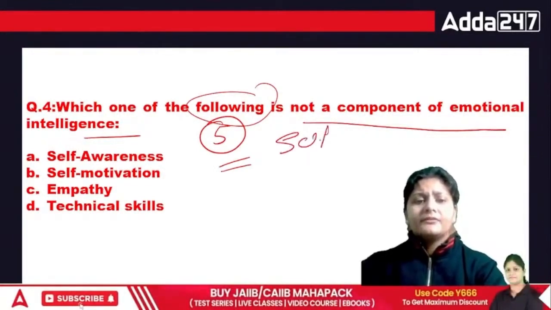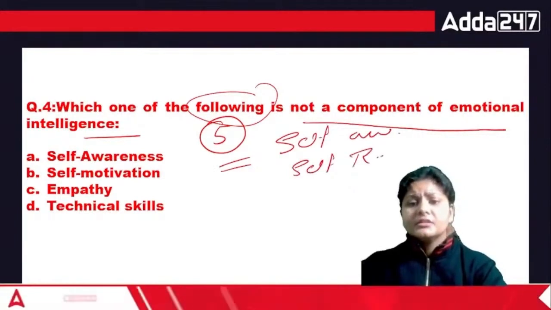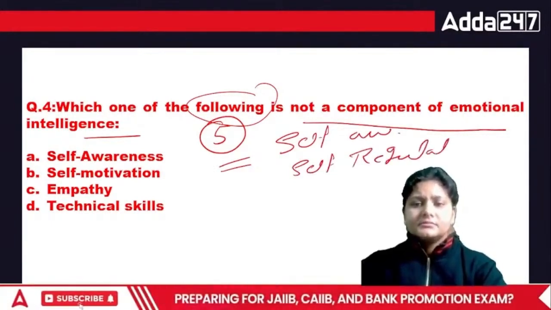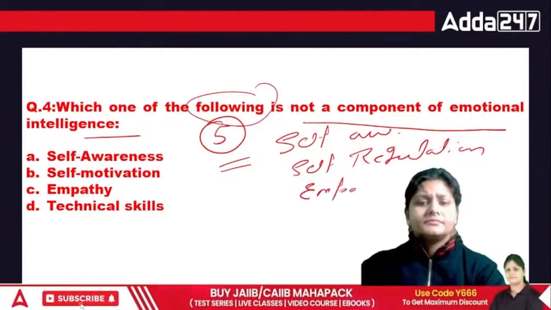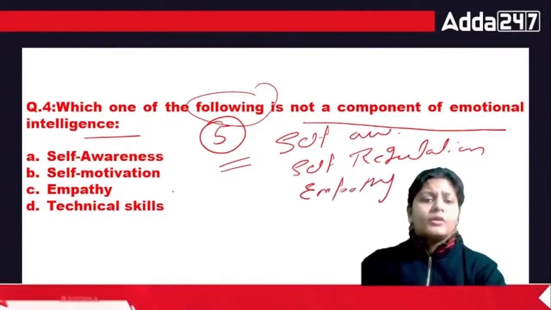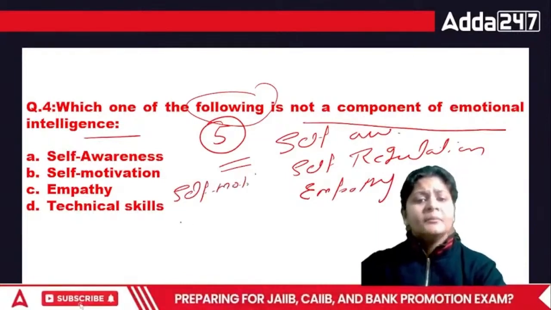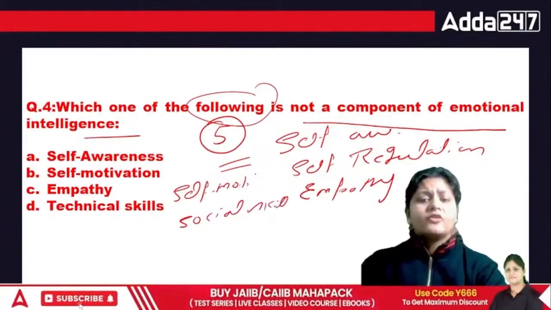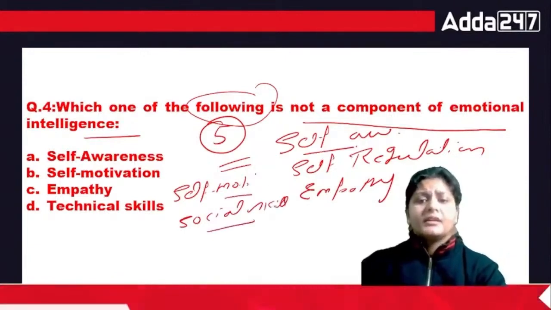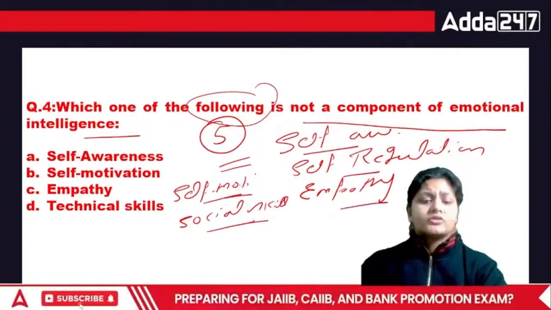Number 1 is self-awareness. Number 2 is self-regulation. Number 3 is empathy. Number 4 is self-motivation. Number 5 is social skills, right? So we have a total of 5 components here: self-awareness, self-regulation, empathy, self-motivation and social skills.